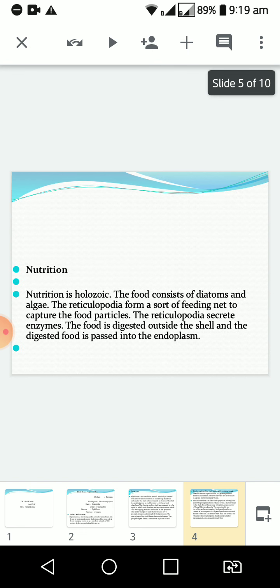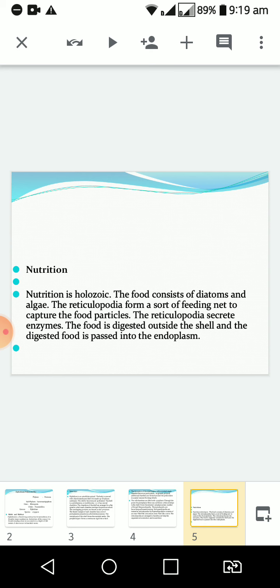Now come to the nutrition. Holozoic type of nutrition takes place. Elphidium's food is diatoms and algae.